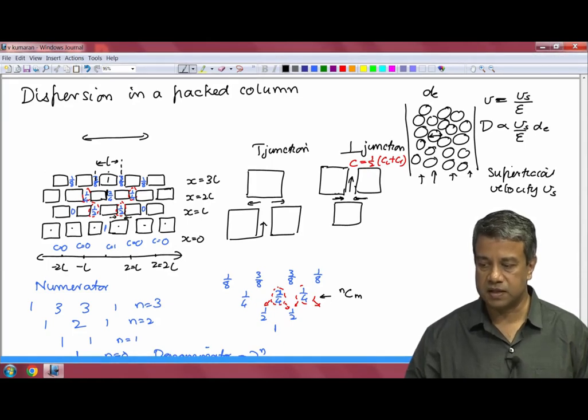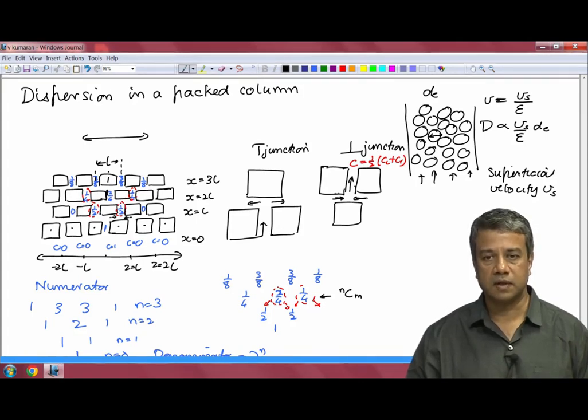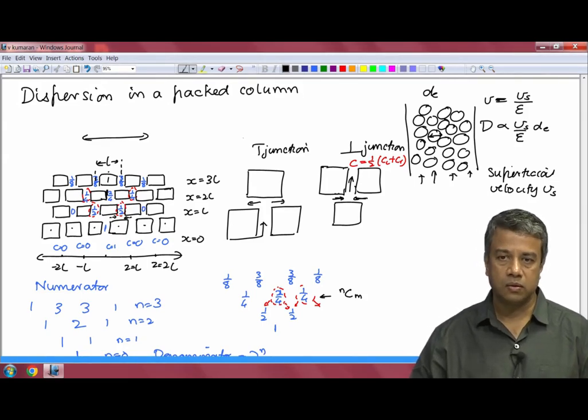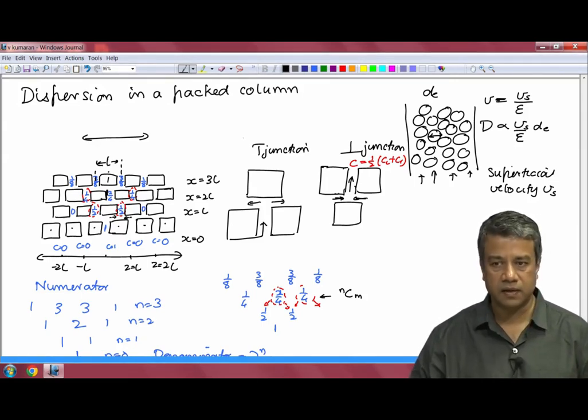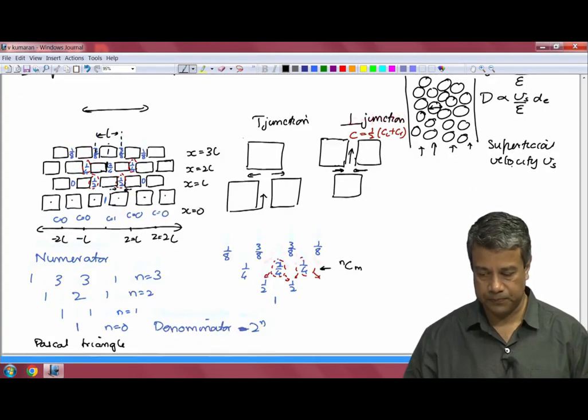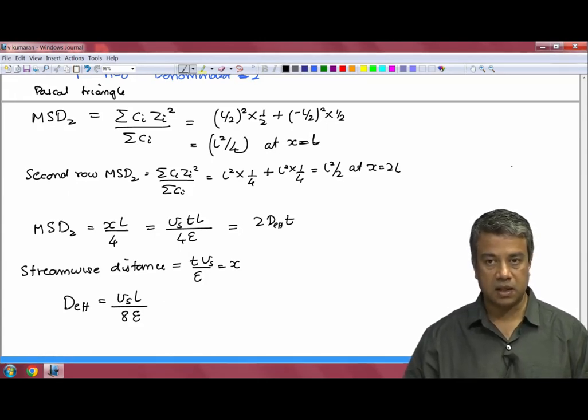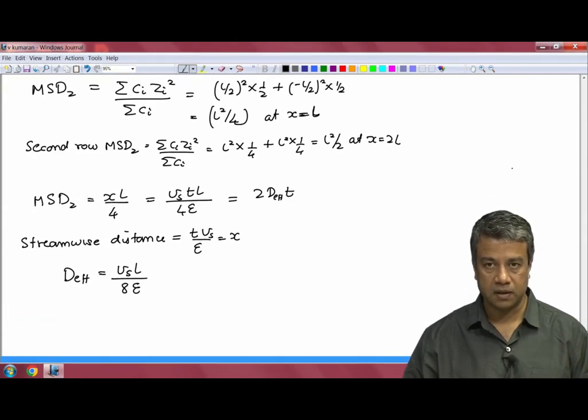Here, for a structured porous medium in which the length scale is L, I have calculated the diffusion coefficient by relating the variance of the distribution of the solute concentration to 2 D effective times t, where D effective is the effective diffusion coefficient. So, this is independent of the molecular diffusivity. This depends only upon the velocity and the length scale of the repeat unit.